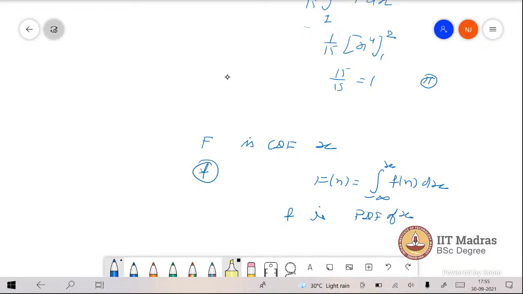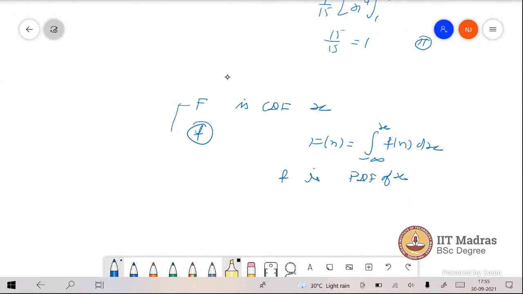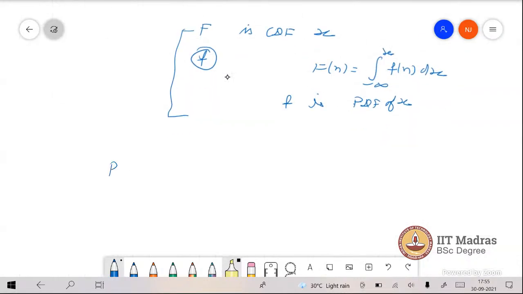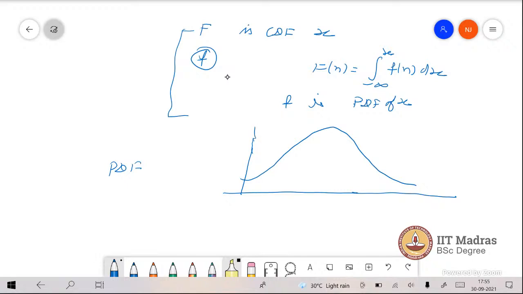Okay, so this is the technical definition, but it doesn't give much interpretation. The PDF gives you the density at a particular point. Let's say the PDF of some random variable x looks something like this.